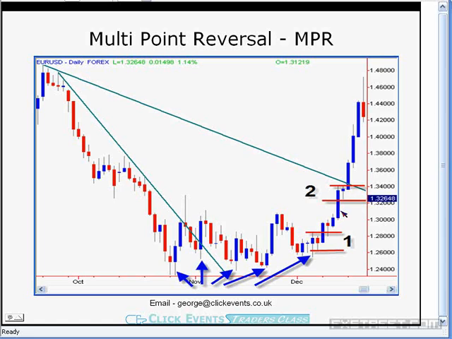So this sort of pattern is one that does lend itself to scaling in to build up a position. But at the same time, as momentum dies, partial profits can be taken. And in a subsequent session, I'll be going into money management in somewhat more detail.